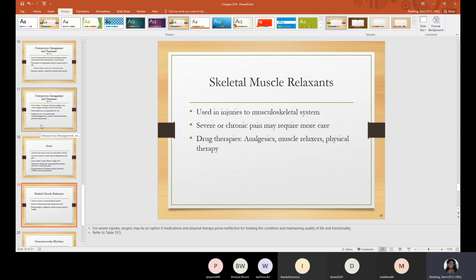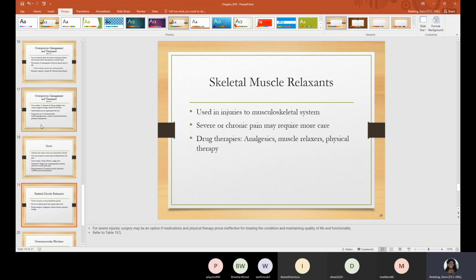Some of the drug therapies might include a patient receiving analgesics, having muscle relaxers, as well as having physical therapy. They'll be using all of those simultaneously. For severe injuries, surgery may even be an option if the medications and physical therapy prove ineffective for treating the condition and maintaining quality of life and functionality. You can refer to table 19.5 to see more information on the skeletal muscle relaxants.